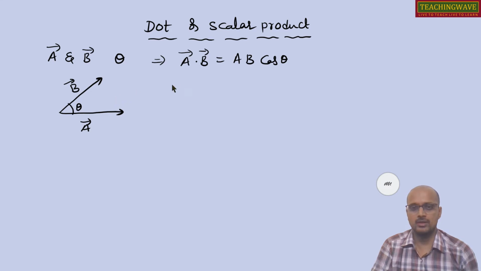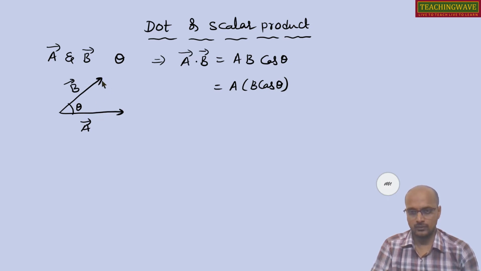Then a bar dot b bar is written as a b cos theta. We can rearrange this expression as a into b cos theta. Here b cos theta is called the component of b bar along a bar.